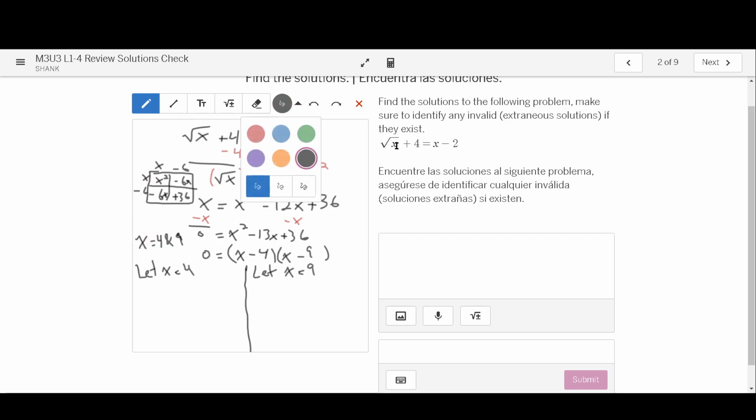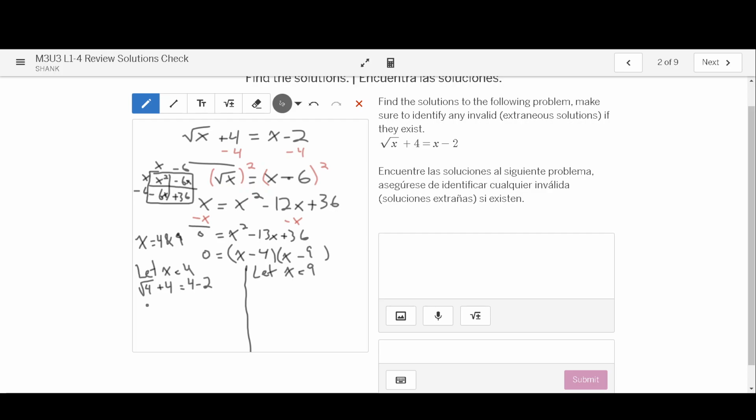Let's do x equals 4 first. I have square root of 4 plus 4, is that equal to 4 minus 2? I'm rewriting this first equation, and instead of x, I now have a 4.